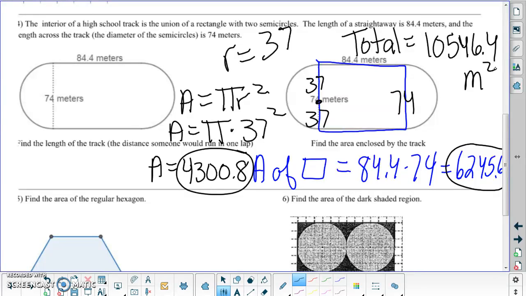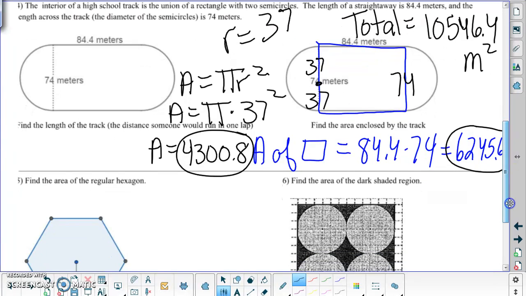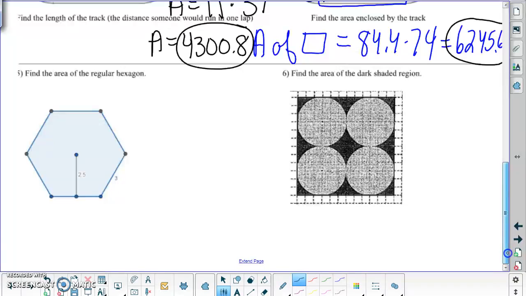Now number 5, we haven't specifically done anything like number 5, but you know how to do it, so let's get creative. If I have a regular hexagon, so regular just means all the sides are congruent, they're all 3. What shape should I cut the hexagon into to find the area?